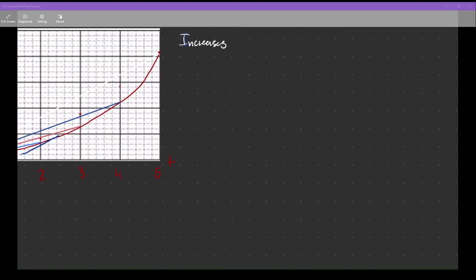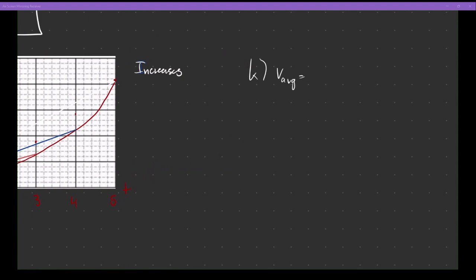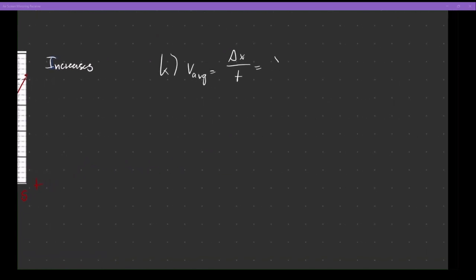Alright, so for the last part, K now, it just asks for the average velocity between 1 and 3. So the average velocity can just be found with delta x, displacement, over time. And so in this case, it's just going to be x of 3 minus x of 1 over t.